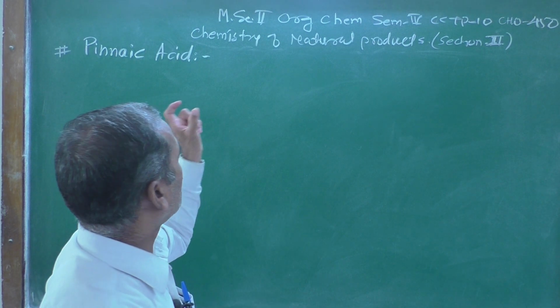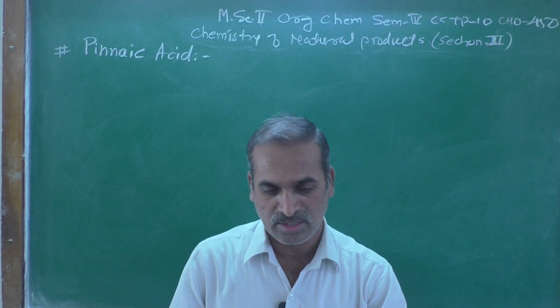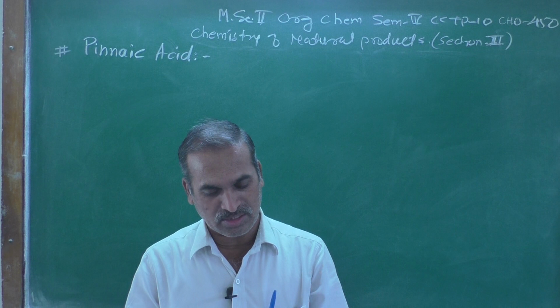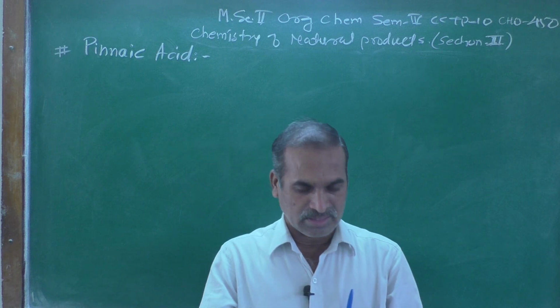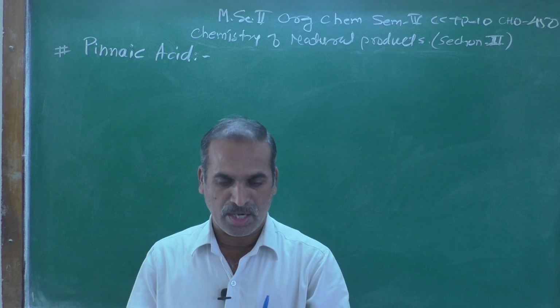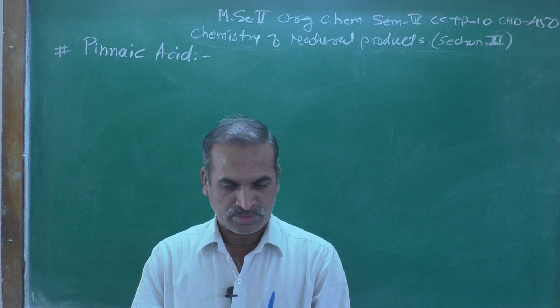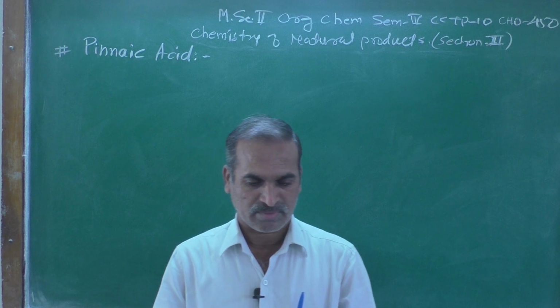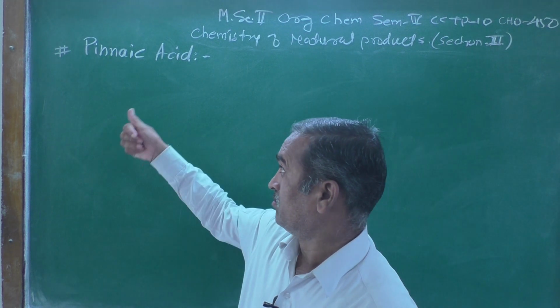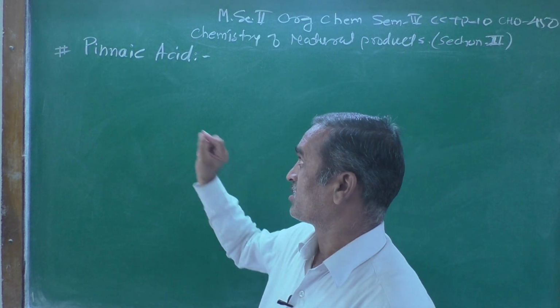The name of that course is the chemistry of natural products, section second. In that section second, this is the last natural compound we are discussing. So which natural molecule are we going to discuss?